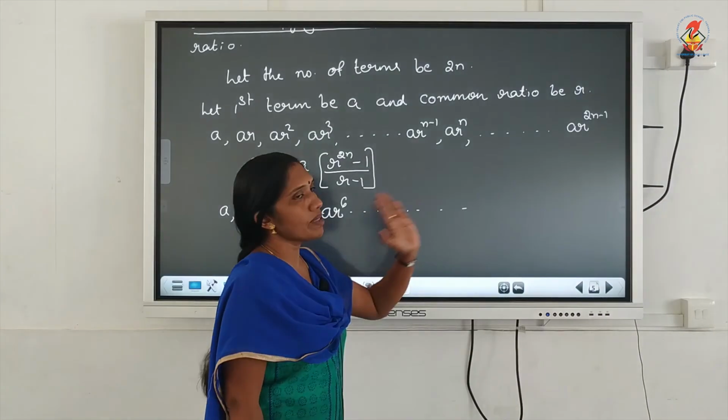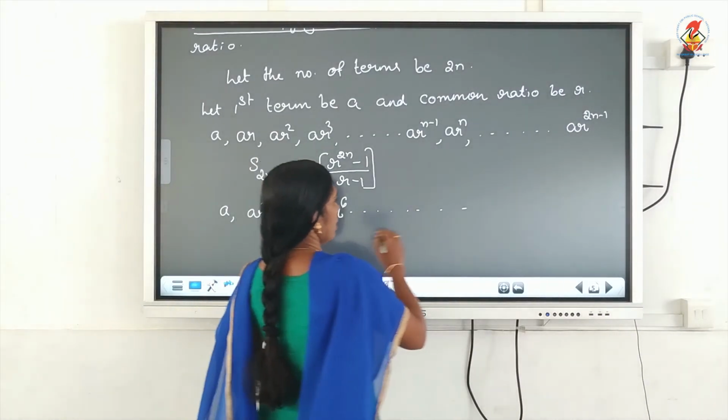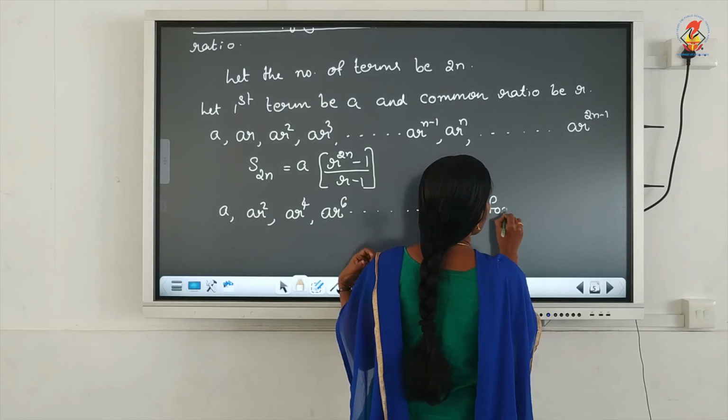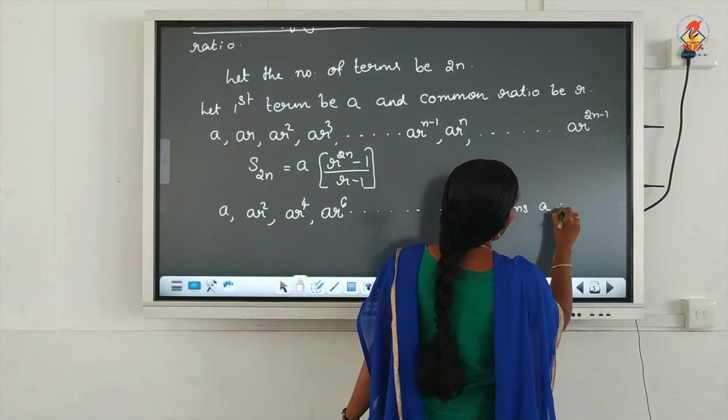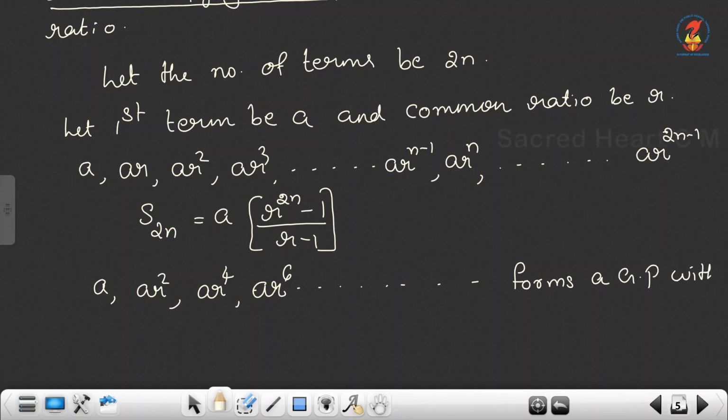So this forms a GP. These terms form a GP with common ratio r square. Now what is the sum of these terms? How many terms will be here?